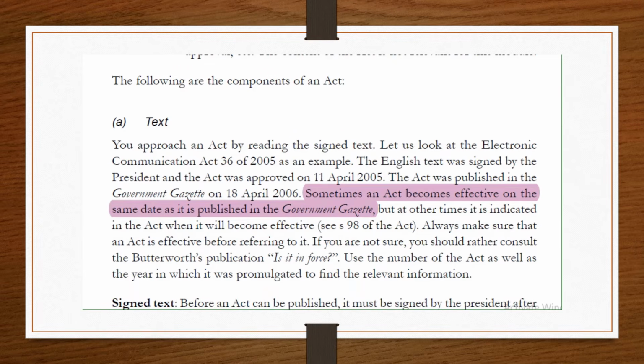I just chose this particular part here, but you can start reading from page 43 so that you can get the full gist of what's really going on there. I'm going to read where I've highlighted. Sometimes an act becomes effective on the same date as it is published in the Government Gazette. That's why I chose that option C.